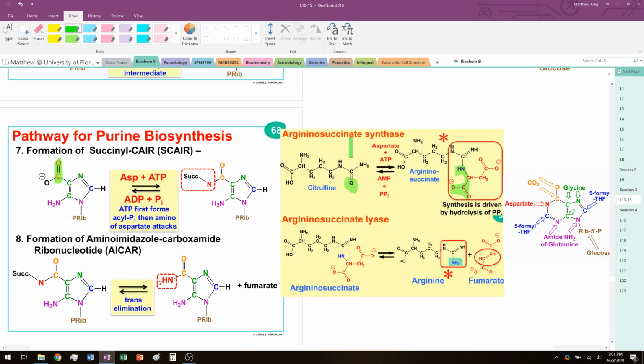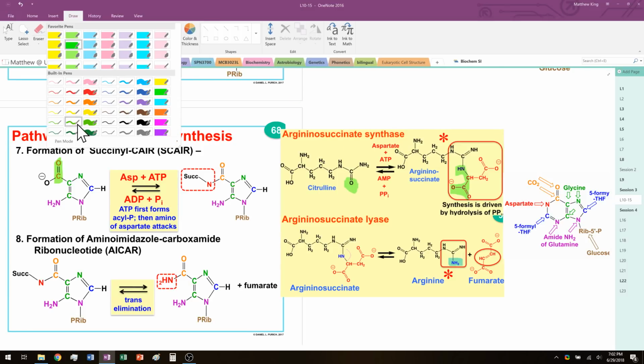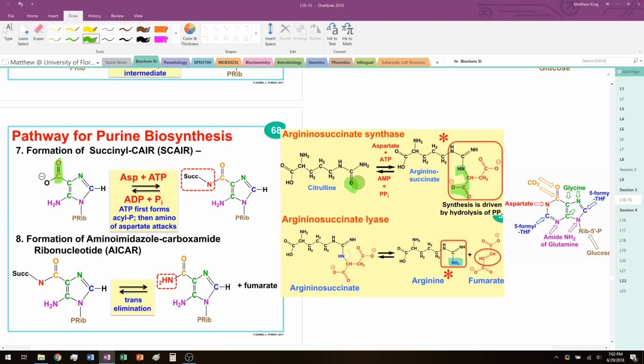It's definitely not argininosuccinate synthase that does this, but it has the same exact mechanistic properties as argininosuccinate synthase. So we have our C double bond O right here.